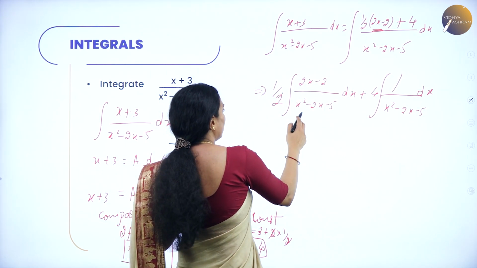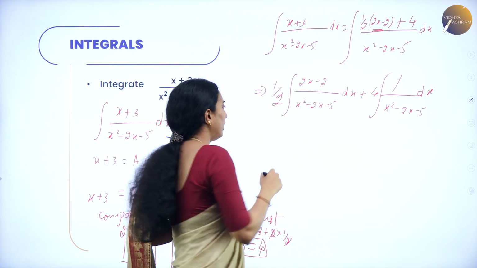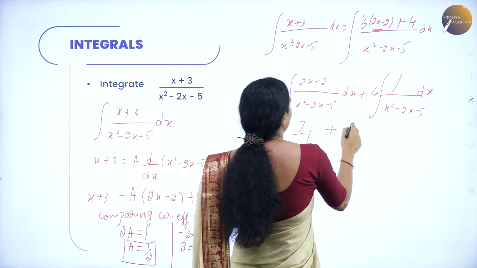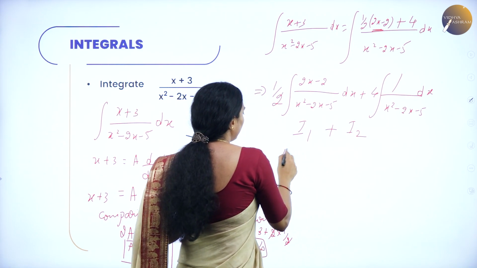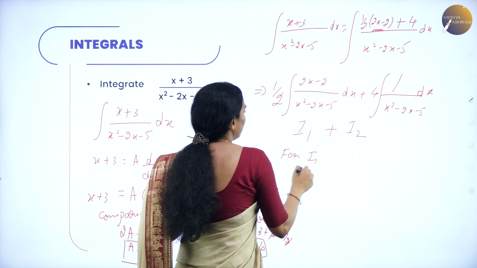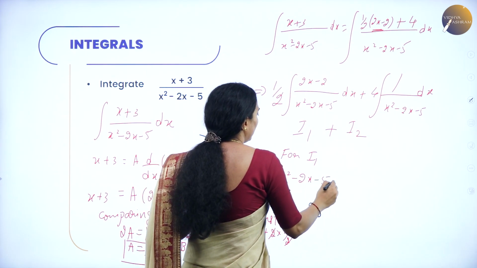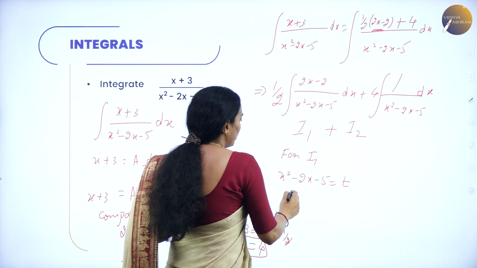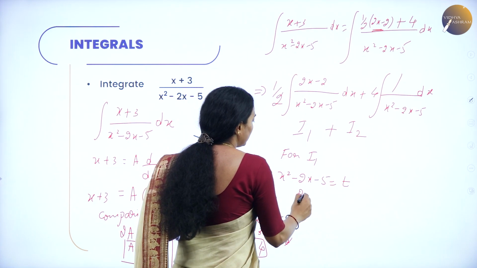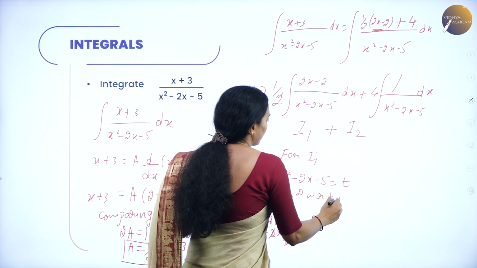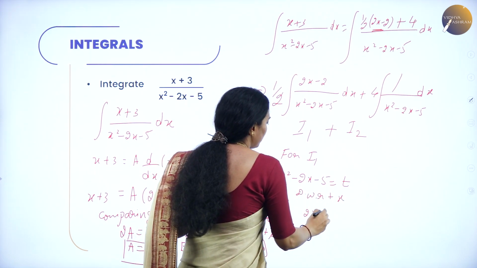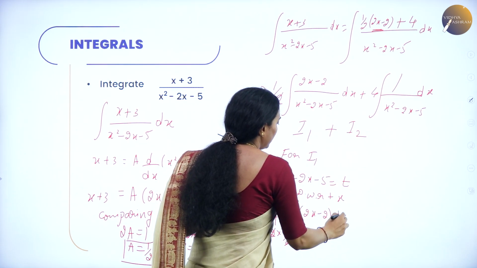Now differentiating the denominator, you are going to get the numerator, which is I1 plus I2. Now for I1, you can have x squared minus 2x minus 5 equal to t. Differentiating this with respect to x, 2x minus 2 into dx is equal to dt.